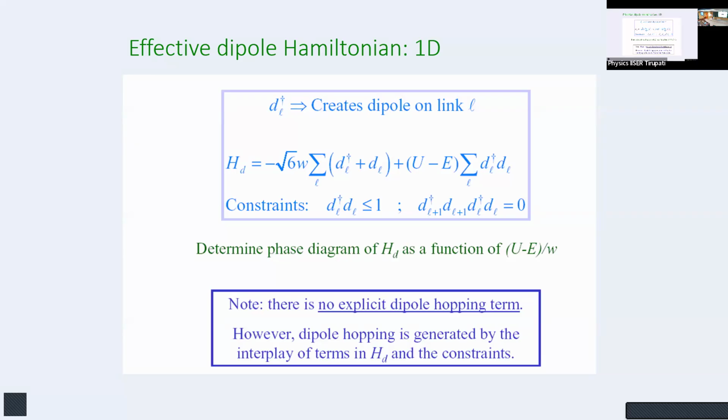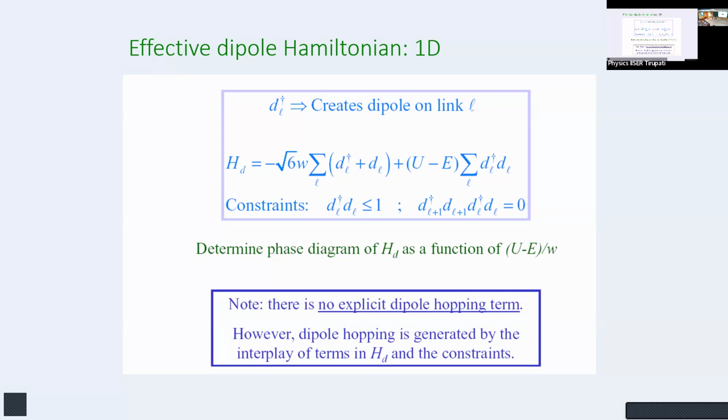Imagine that you had this initially. Let's just take one boson per site like this, and I go to this configuration: nothing here, a hole, and there are two bosons here.